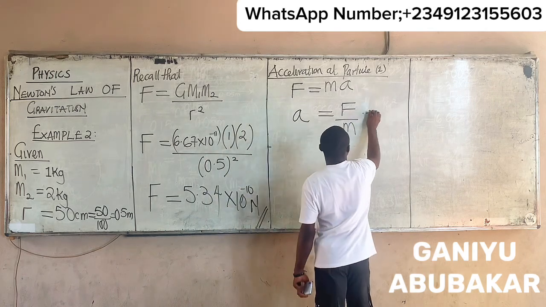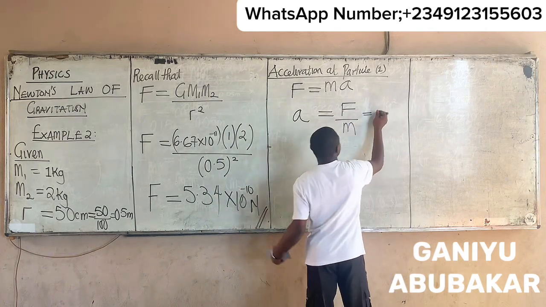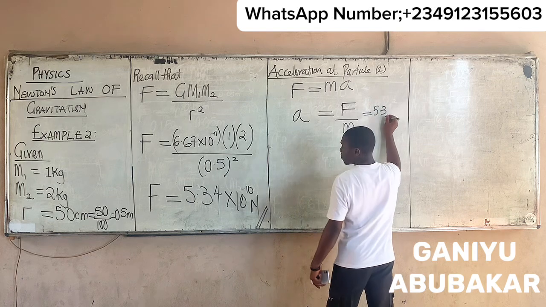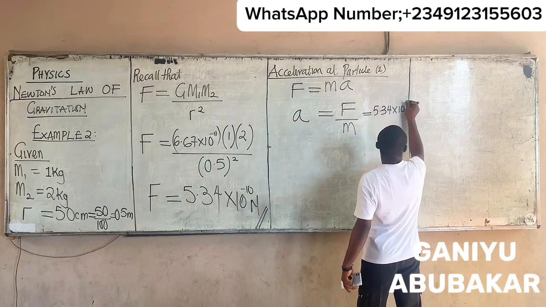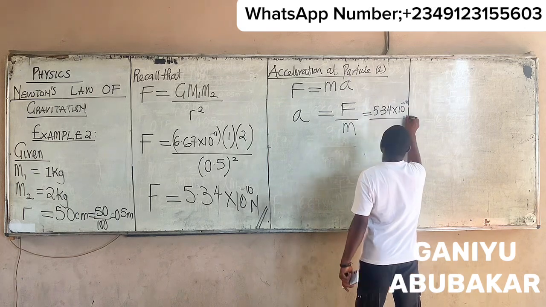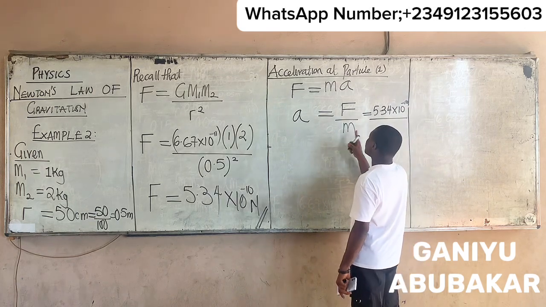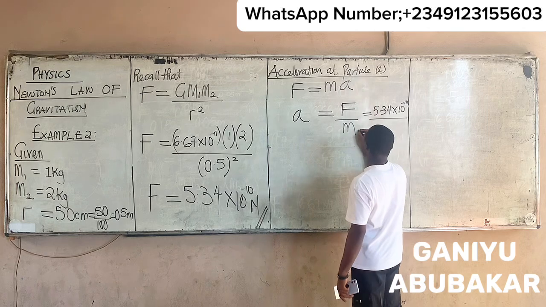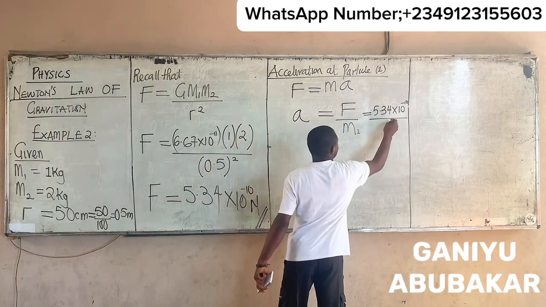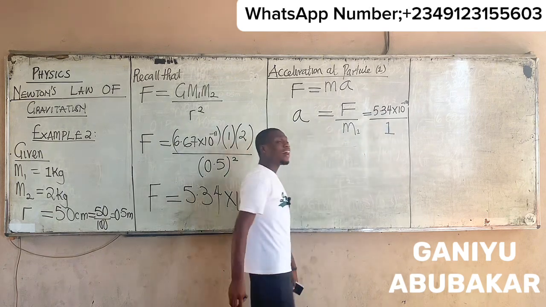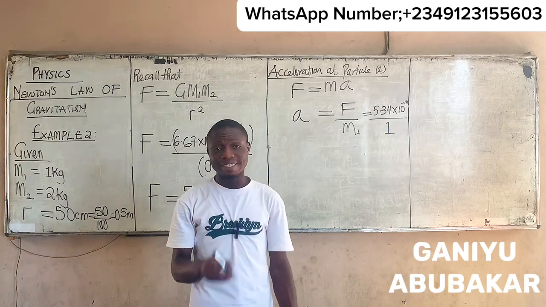F is the value here, 5.34 times 10 to the power minus 10, all over the mass at particle 1, that's m1, which is 1. Any value divided by 1 is that value.